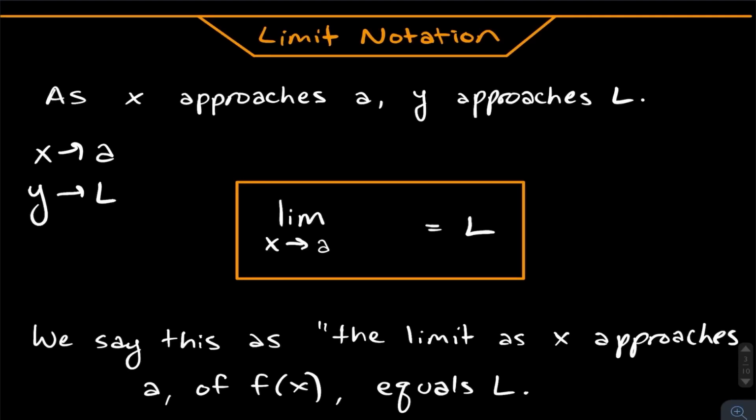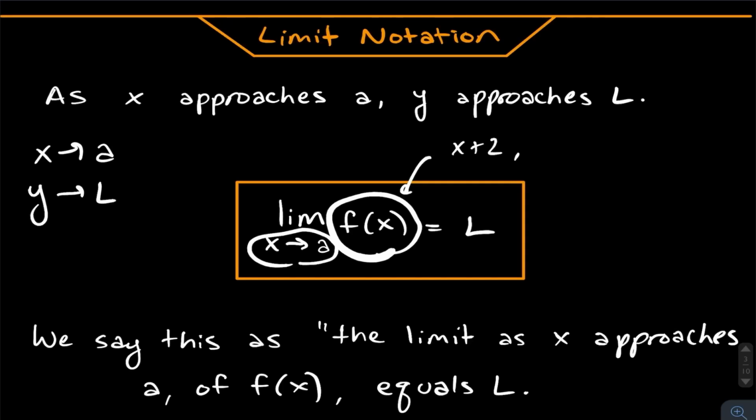So we just write our function here, and on the right is where y is approaching. We have where x is approaching down here, and we define what our y is right here. So maybe that would be x plus 2 or x squared plus 2x over x plus 1, or whatever. And we have what y approaches on this side.